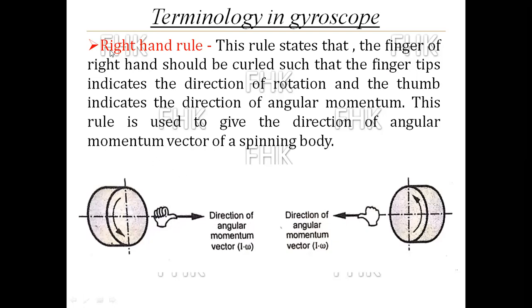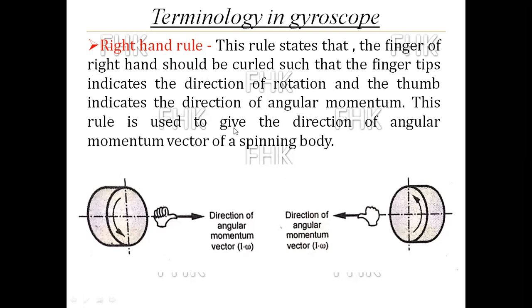For that purpose, the right hand thumb rule is used. This rule states that the fingers of the right hand should be curled in such a way that the fingertips indicate the direction of rotation of the rotor, and the thumb indicates the direction of angular momentum.